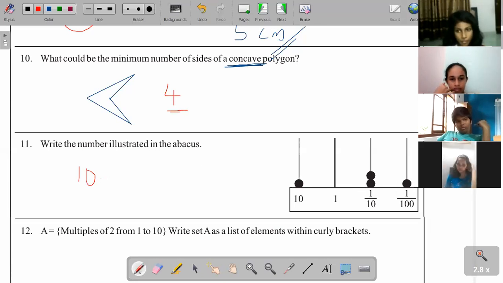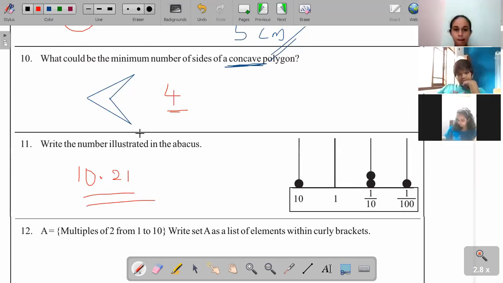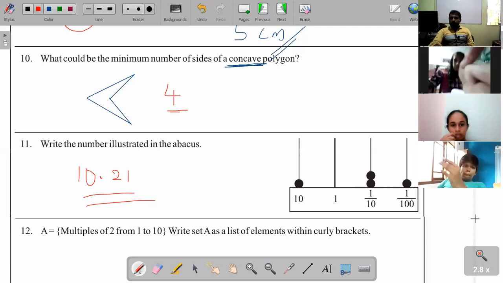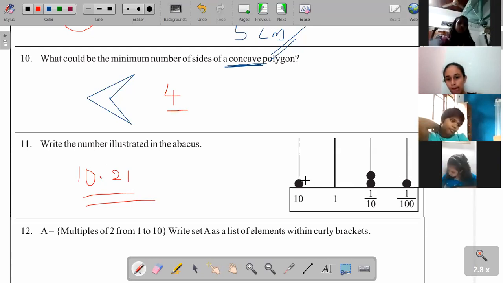So you have to keep the decimal point here. Okay, so what is the answer? 10.21. That's the decimal number representing method.